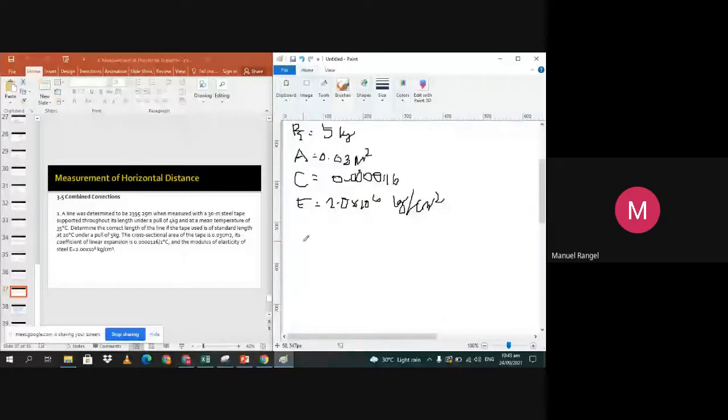So, ang ipangita nato is the correction due to temperature and correction due to tension. Anyone kindly solve for CT and CP?